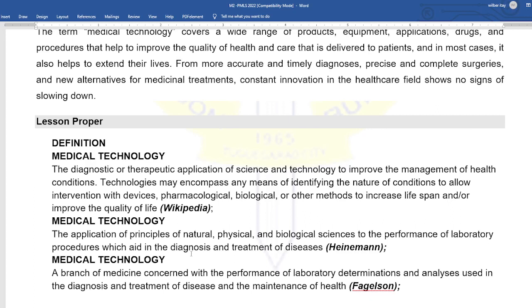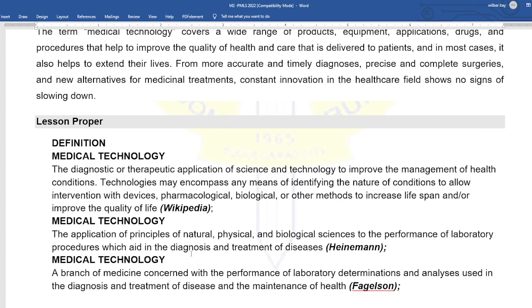So, with the definition of Wikipedia, it is about the use of science and technology in order to improve the quality of life by increasing the lifespan. So, it's actually simple, using the products of science and technology.